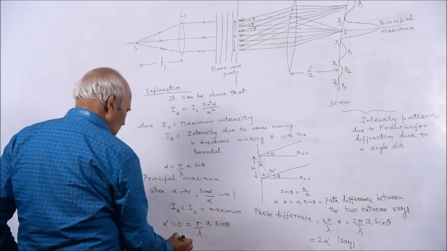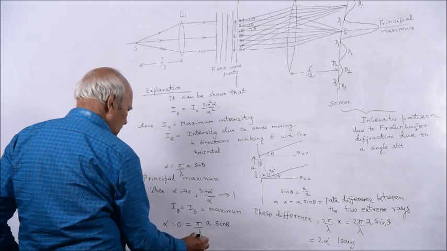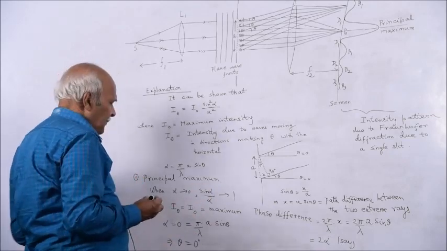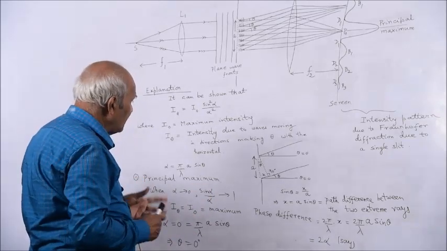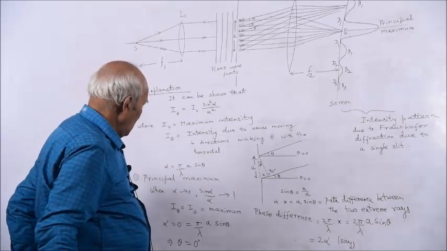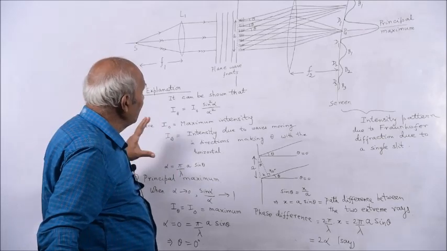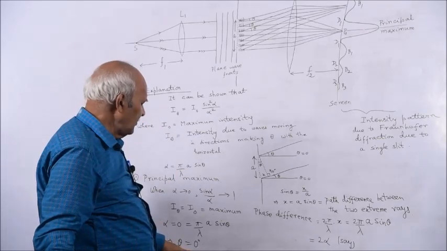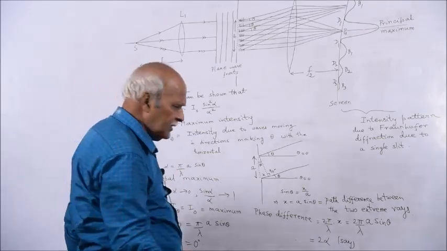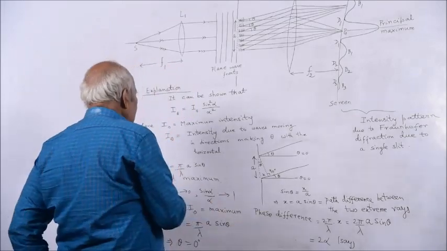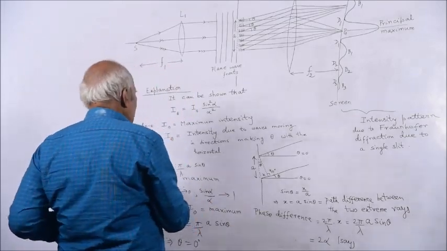So theta is equal to 0 degree. That means the principal maximum is formed by those waves which are moving horizontally, making 0 degree with the horizontal direction. So that is the idea of principal maximum.